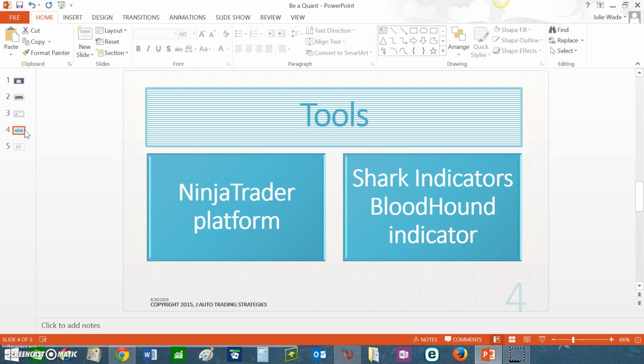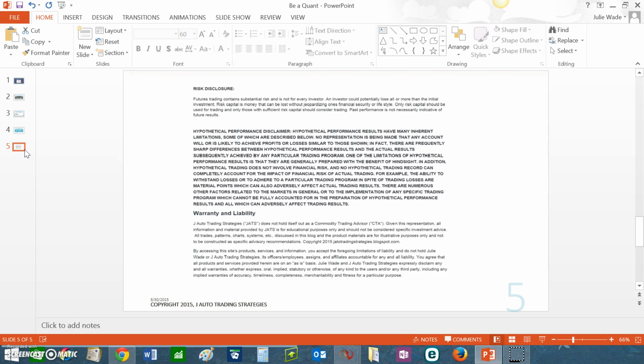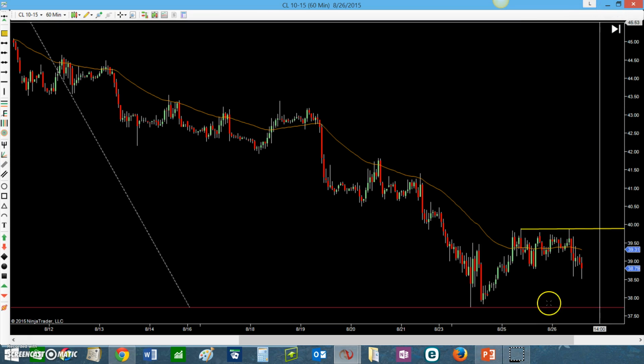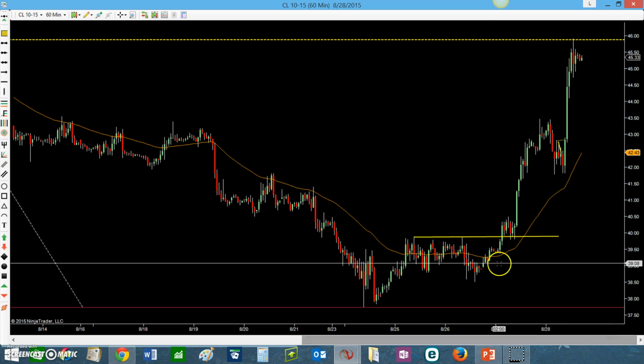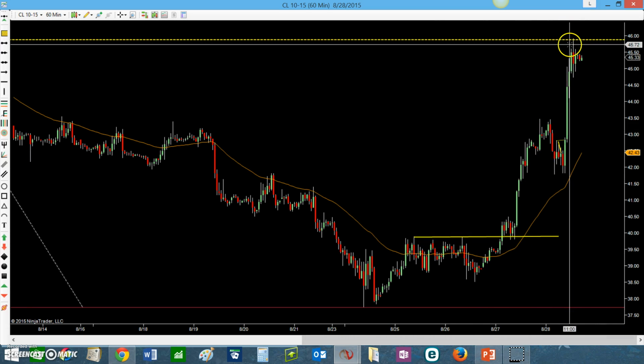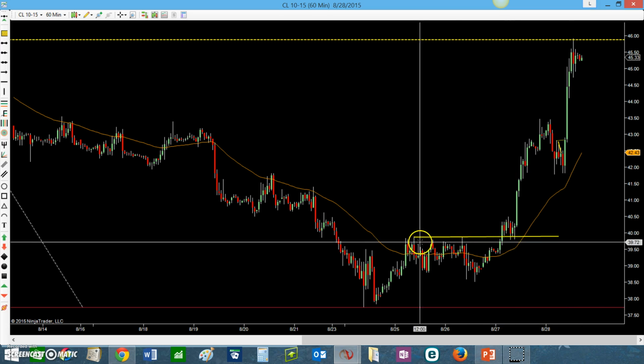I'm sure you have your own favorites. What is so wonderful about this is NinjaTrader and Shark Indicators' BloodHound allow us to do this super fast, super easy, and I will show you what I mean. Looking at the crude oil market, here was the breakout that ran so much up over the last 2 days.